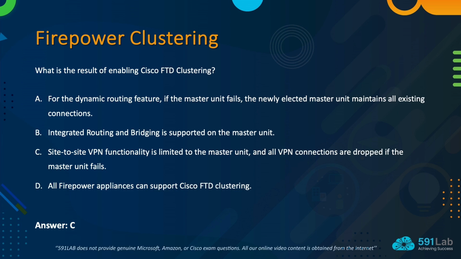This is not true. Clustering is only supported for the Firepower Threat Defense devices on the Firepower 9300 and the Firepower 4100 series. You can include up to 16 nodes in the cluster.